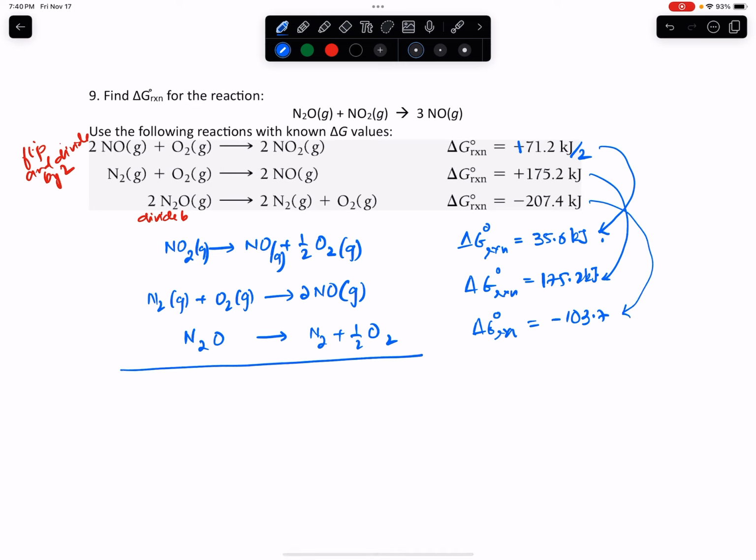Now let's add these all together and see what we get. Once I add them, my N2s cancel out, my oxygens cancel out.